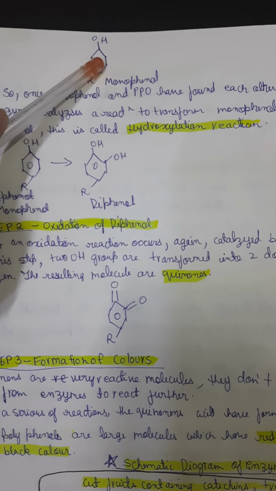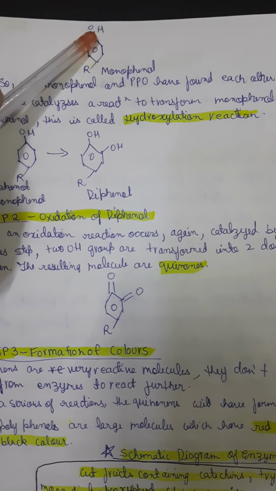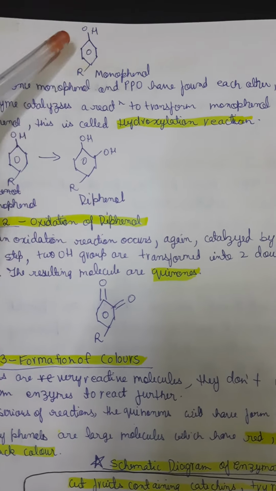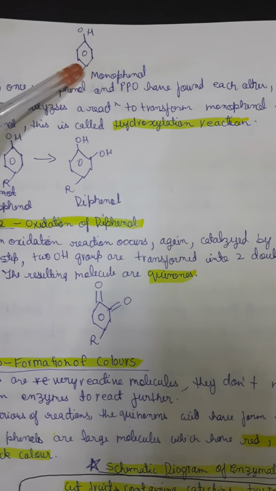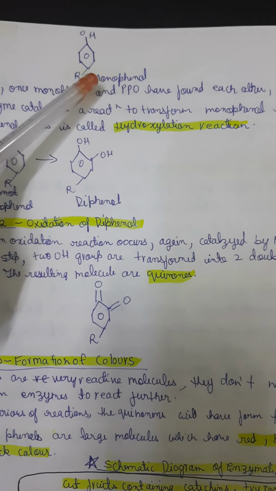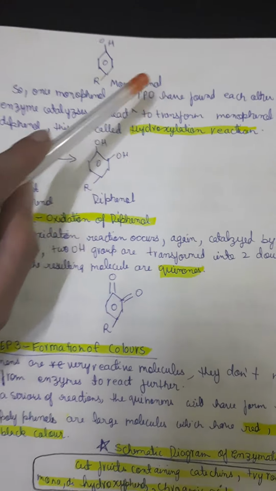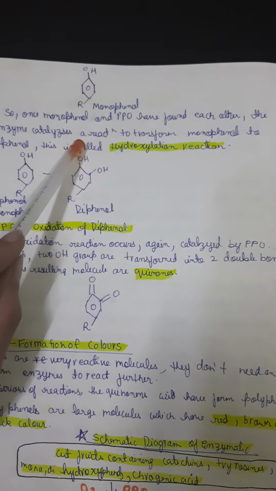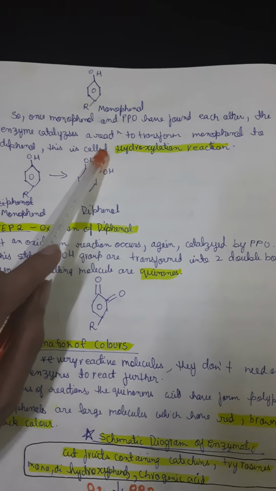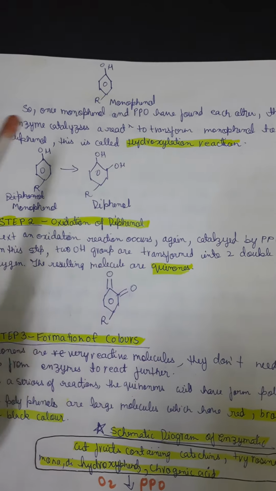This is how it looks. Monophenol has a benzene ring and one hydroxyl group, or one OH group, attached, and to the other end any other group can be attached. So this is how a monophenol looks. Once the monophenol and the PPO have found each other, the enzyme catalyzes a reaction to transform monophenol to diphenol.